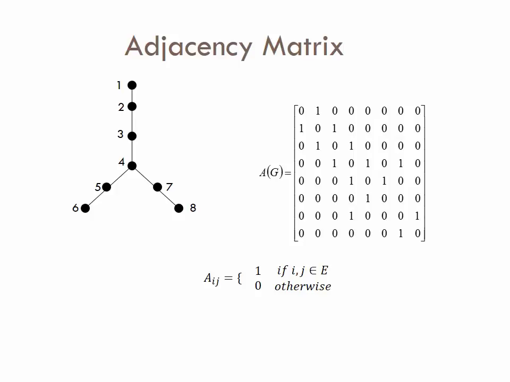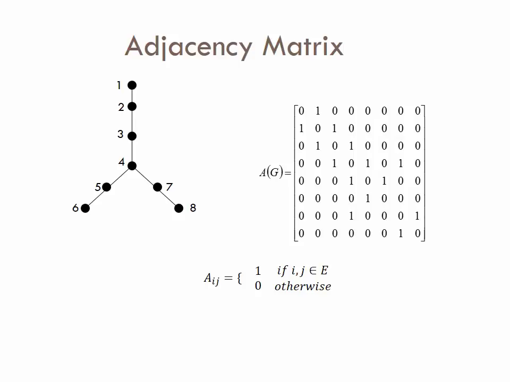Let's look at the first row. There is a 1 in the first row, second column. That's because node 1 is adjacent to node 2. Node 1 is not adjacent to any other node, so the remaining entries are all 0.